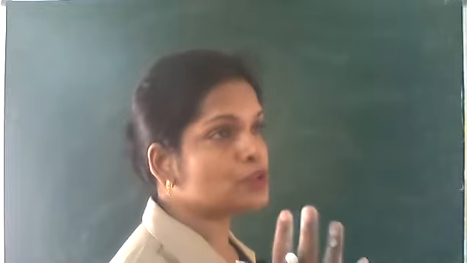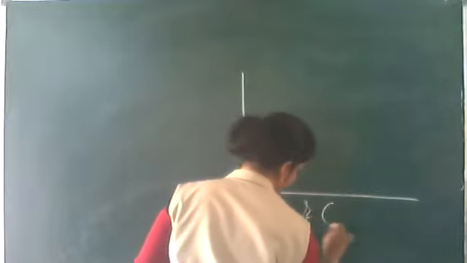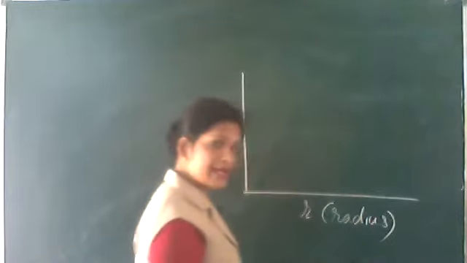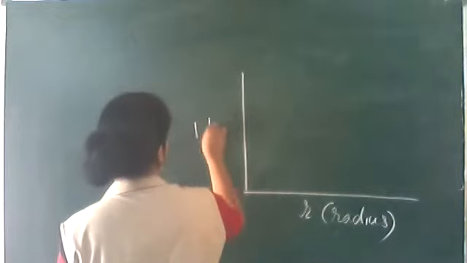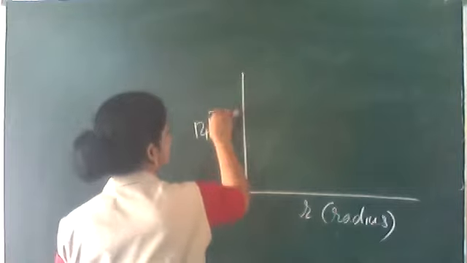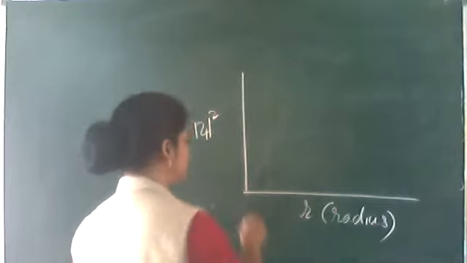So if you are going to draw a graph between the radius, this r, and modulus chi square, it means you are going to find out the probability density. This is the nucleus.